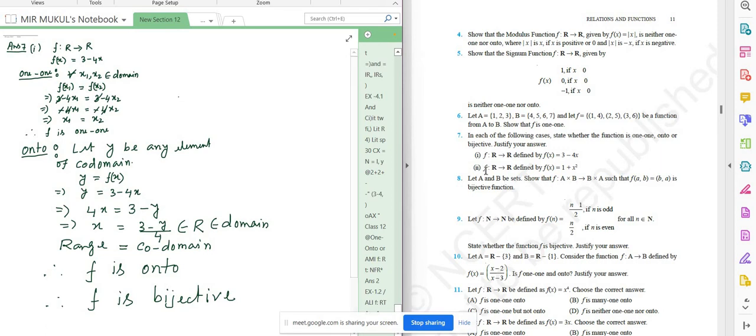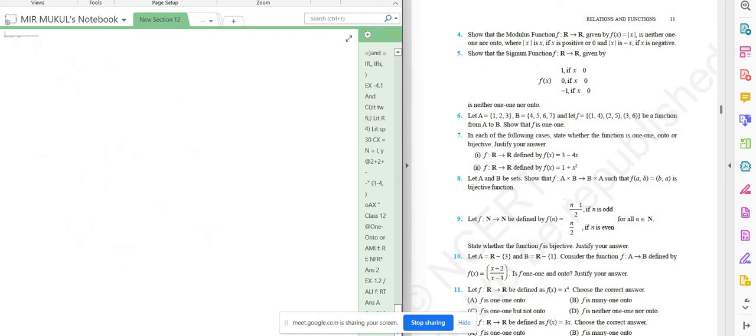Understood? Yes, sir. Its second part, can you say it is one-one just by looking? See here, it is a quadratic polynomial. If quadratic polynomial, then we know that the image for 1 and the image for -1 will get the same value.